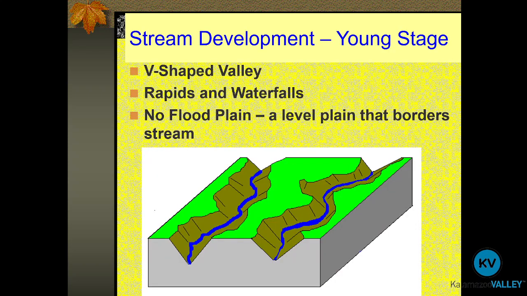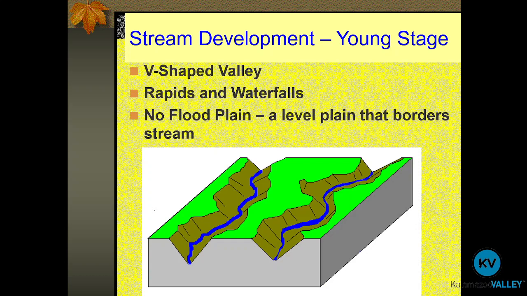So as channels develop into streams and rivers, they will continue to dig and carve out those paths that they've taken deeper and deeper. This eventually gives us what we refer to as the young stage of stream development or river development, giving us a V-shaped valley, meaning that if we take a cross-section of the ground that it's cutting away, we will end up with a V-shaped divot in that cross-section.